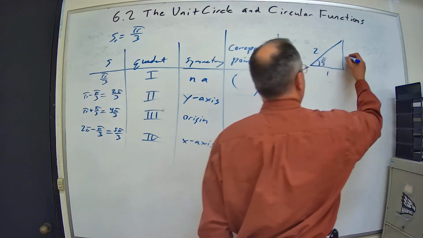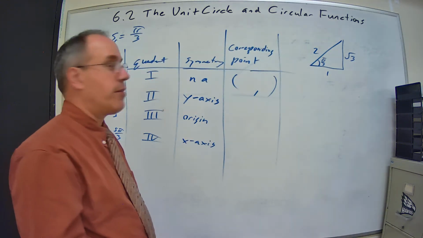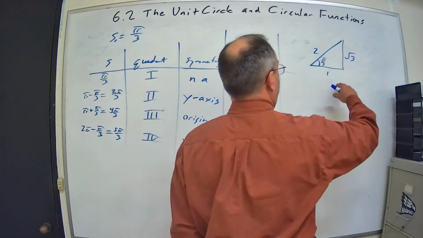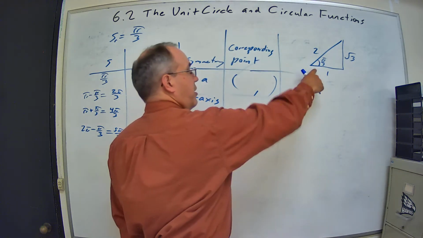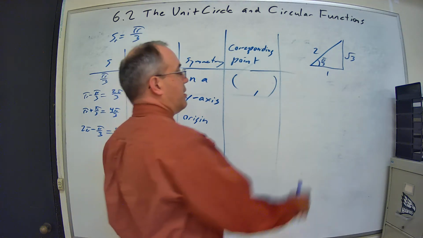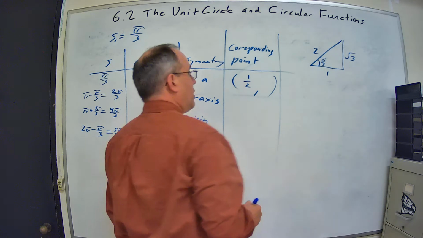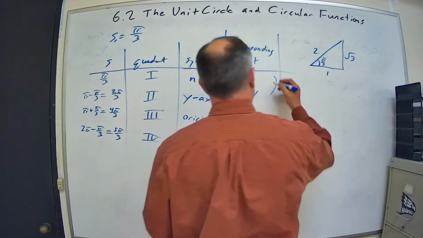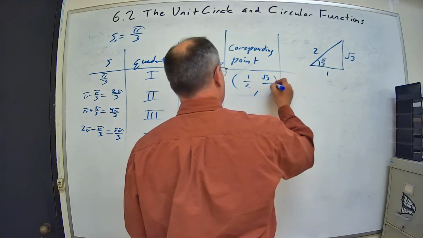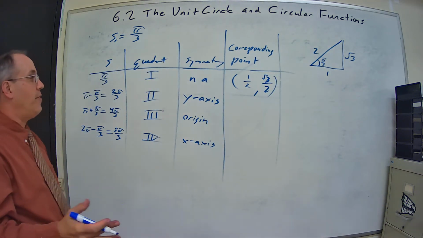That's 1, 2, square root of 3. So if we have 1, 2, square root of 3, then cosine of pi over 3 is 1/2 and sine is square root of 3 over 2. So just pulling it right off of that.